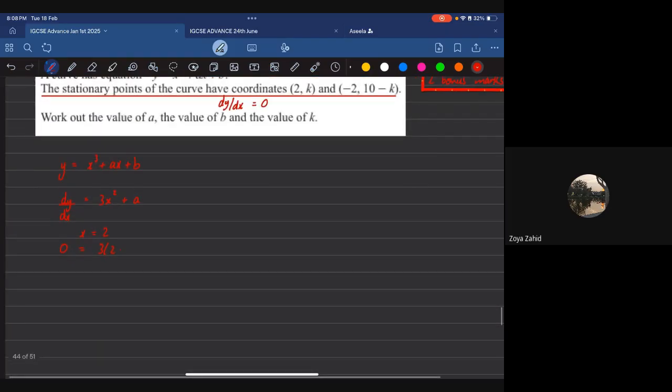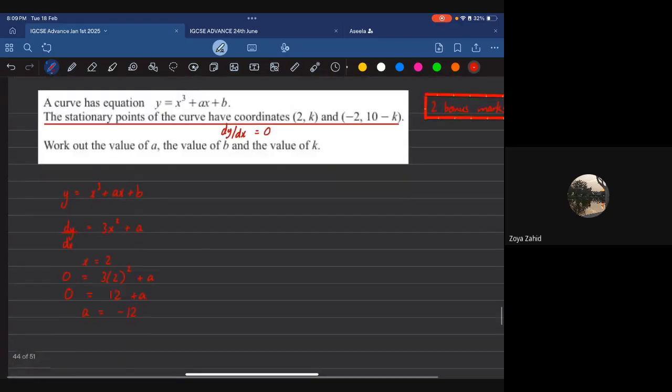So, it's going to become 3 times 2 squared plus a. It's going to become 0 is equal to 12 plus a. a is equal to minus 12. Clear, Zoya? Any issues with this? Clear.